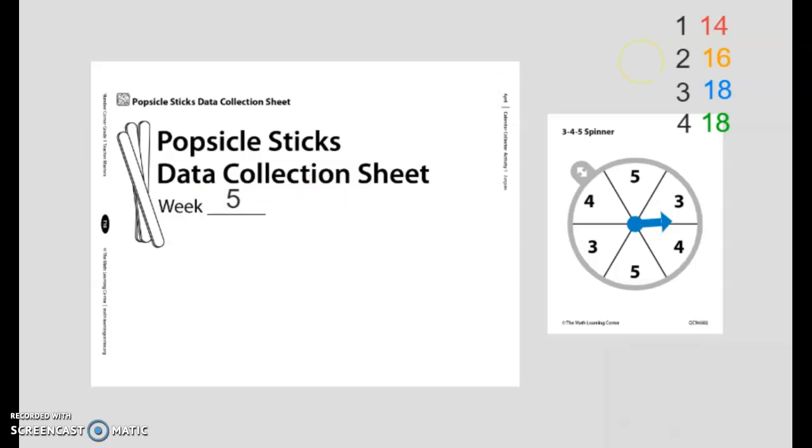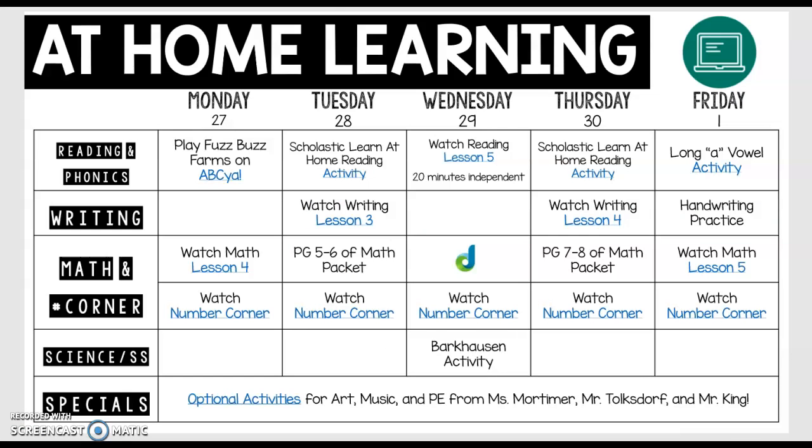We have 3 popsicle sticks today. 1, 2, 3. Can't make a bundle yet because how many do we need to make a bundle? 10. All right, let's make our tallies. 1, 2, 3. Awesome.